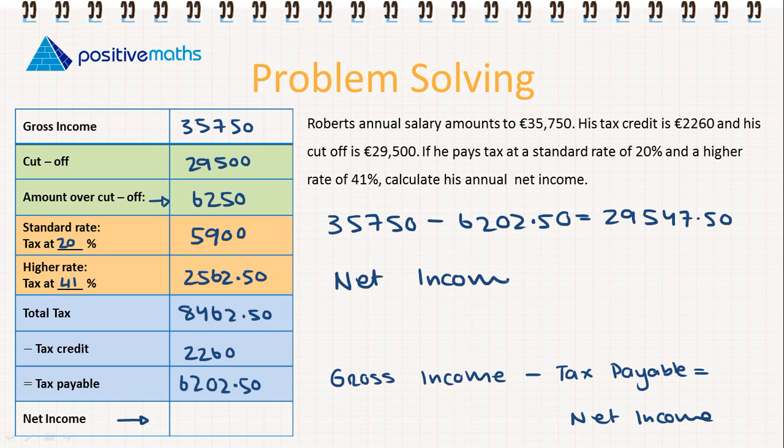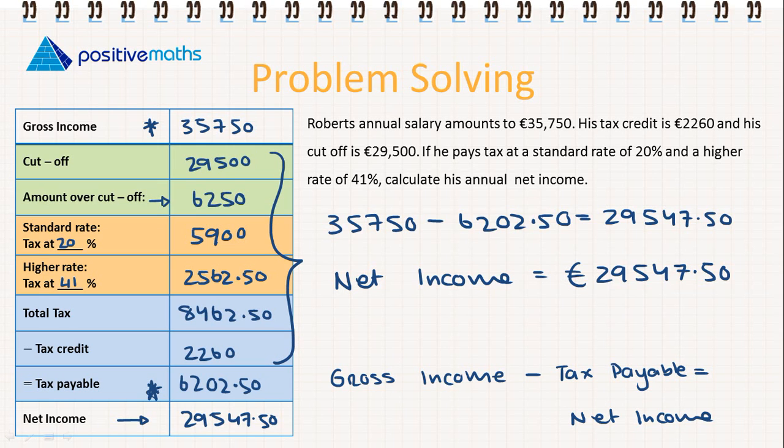So net income, not forgetting our units, €29,547.50. So really, to find the net income, we need our gross income minus our tax payable, and everything in between. They are the steps we've taken to calculate this tax payable.